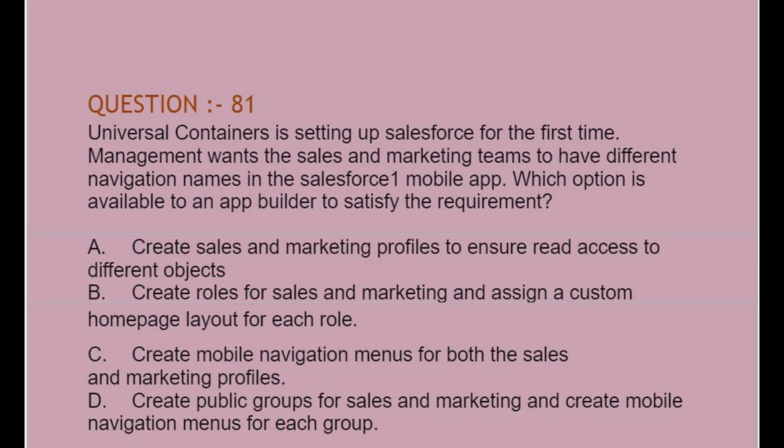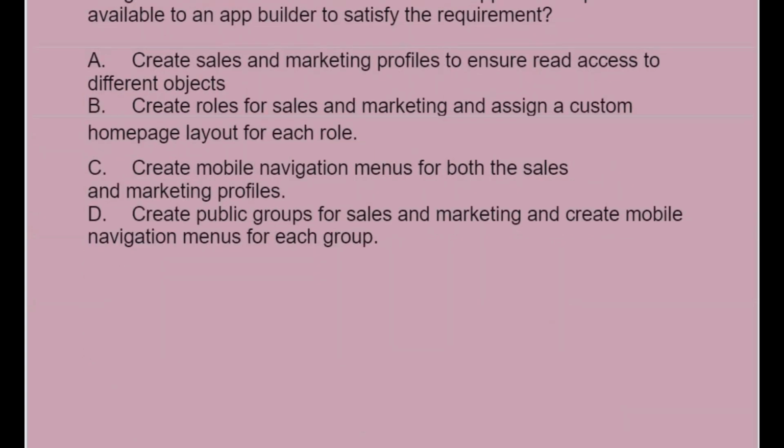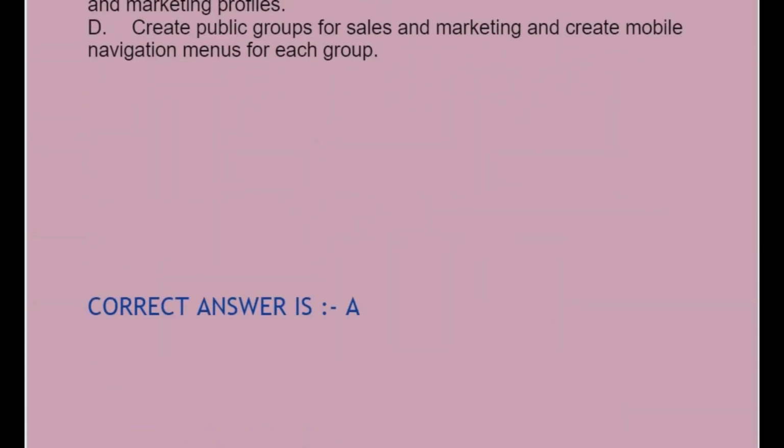Option B, create roles for sales and marketing and assign a custom homepage layout for each role. Option C, create mobile navigation menus for both the sales and marketing profiles. Option D, create public groups for sales and marketing and create mobile navigation menus for each group. Correct answer is option A.